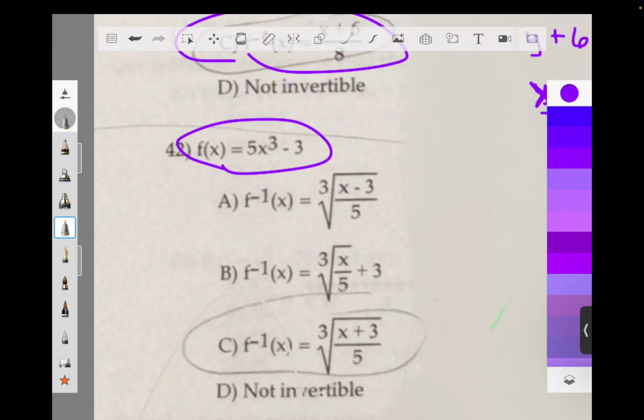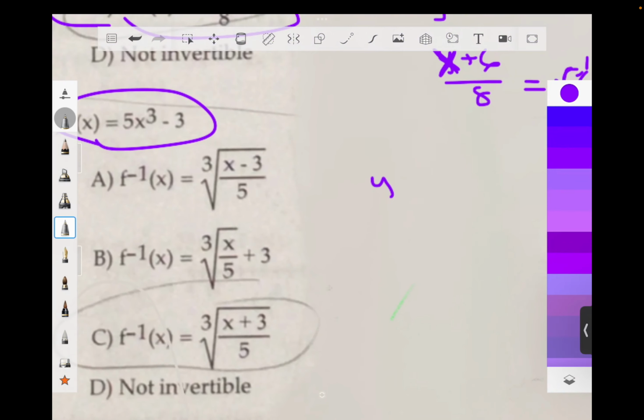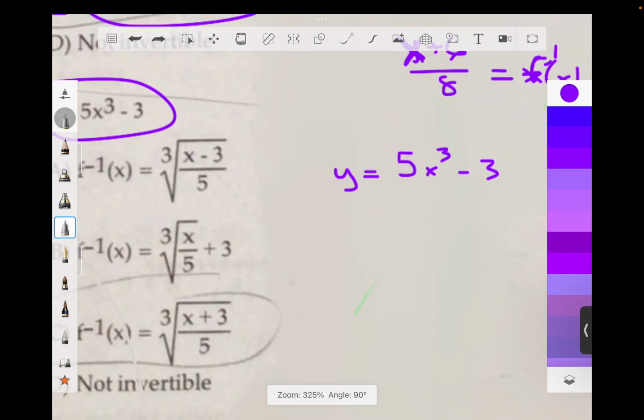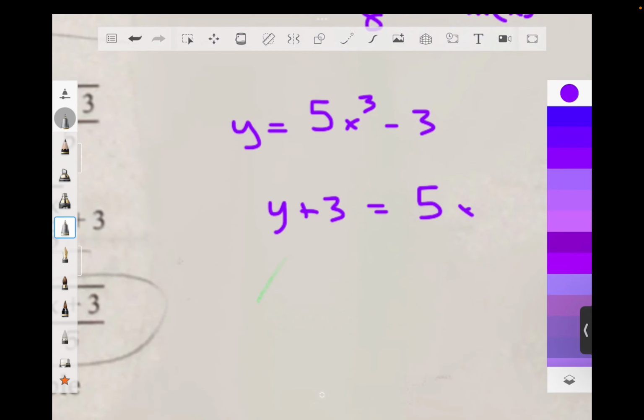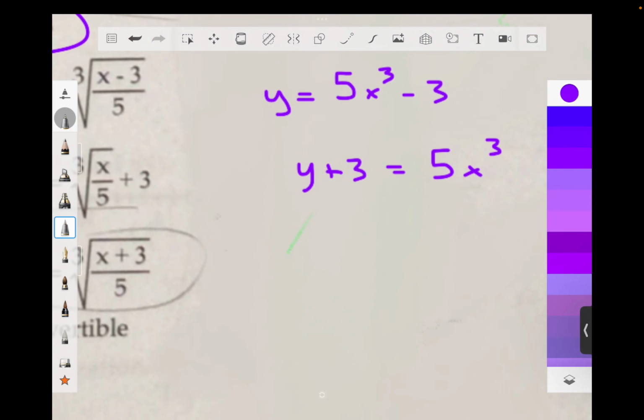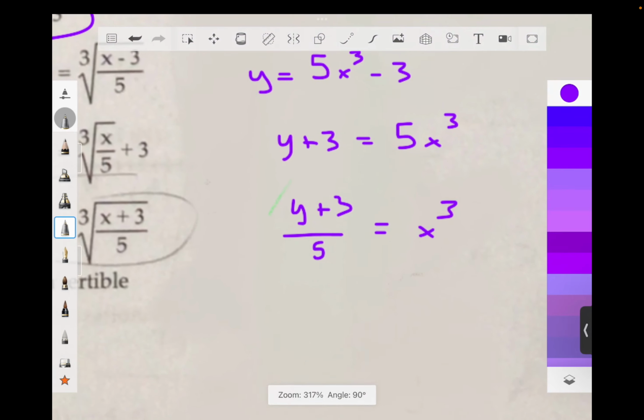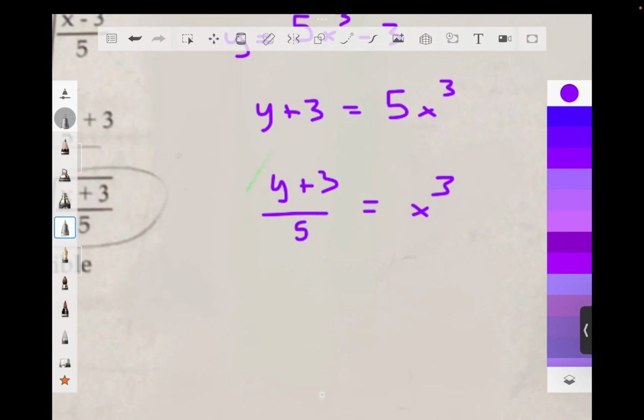And so we're doing the same thing here. It's going to be y equals 5x cubed minus 3. We're solving for this x. So it's going to be y plus 3 equals 5x cubed. Divided by 5 on both sides would be y plus 3 over 5 equals x cubed. And then get rid of the cubed.